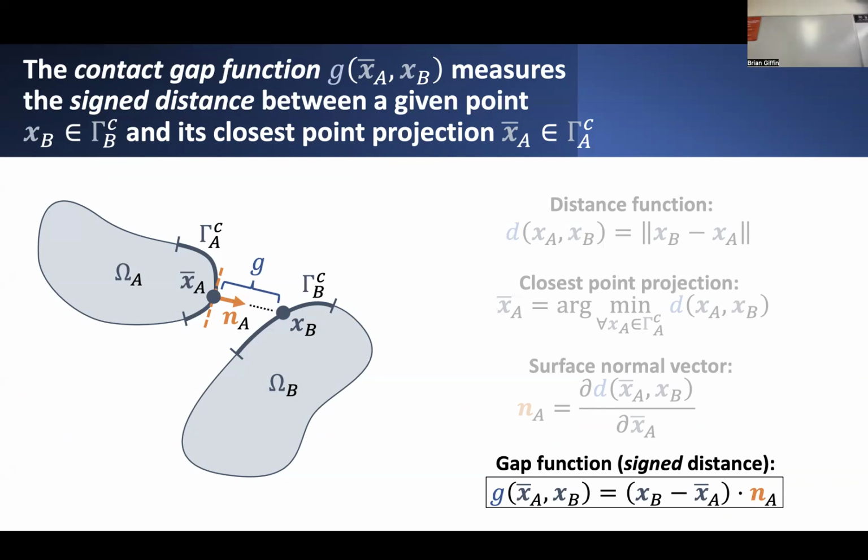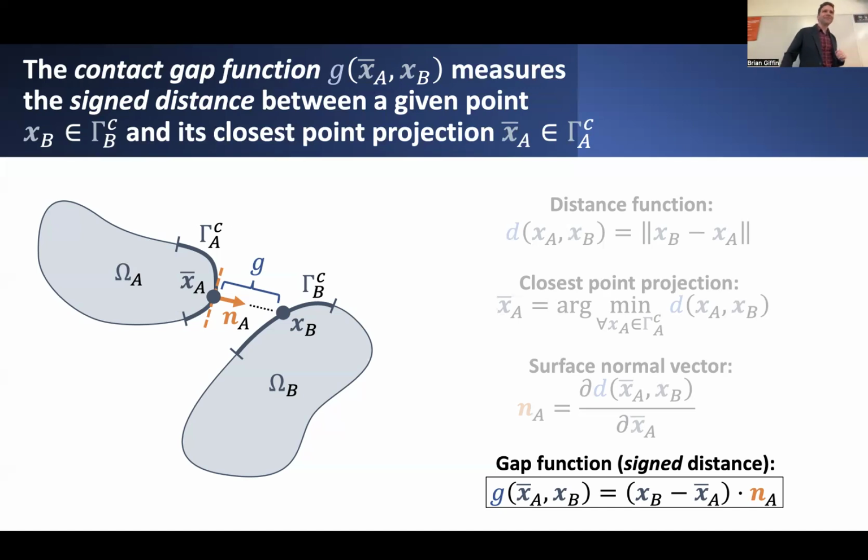Conversely, if this point were to somehow penetrate into this body, the orientation of this normal will still be outward with respect to this body, but the distance vector between these two points will be pointed in the opposite direction, such that the resulting gap function will be negative, indicating that I should have enforced my contact constraint because those two points are penetrating into one another.